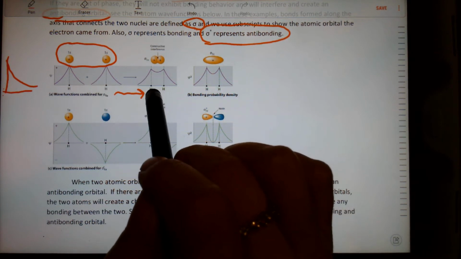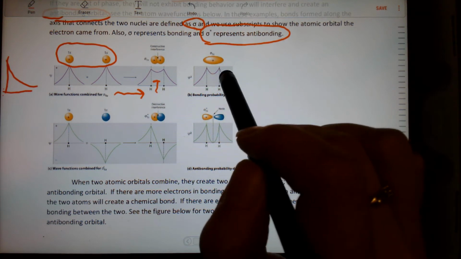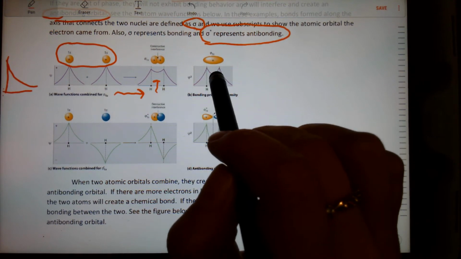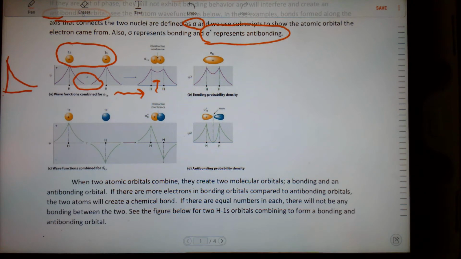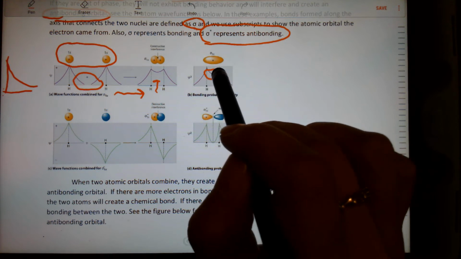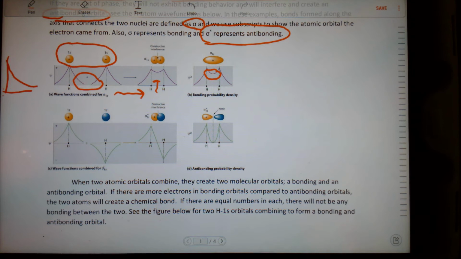We have this region in the middle with increased electron density, or increased probability. So we have bonding. Out here, where the probability is close to zero, when we create that bond, we get that increased area of probability right here. So this is called a sigma bond.